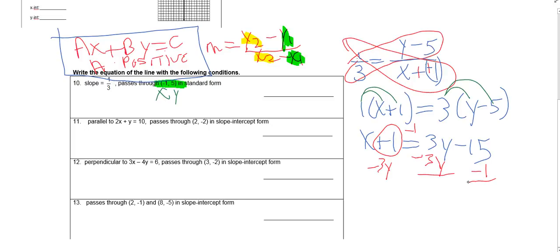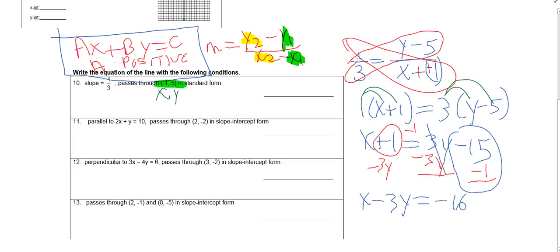Subtract 1 over here, and we get the following. We have x minus 3y. That 3y and minus 3y is 0. And we have a negative 15 minus 1 equals a negative 16.